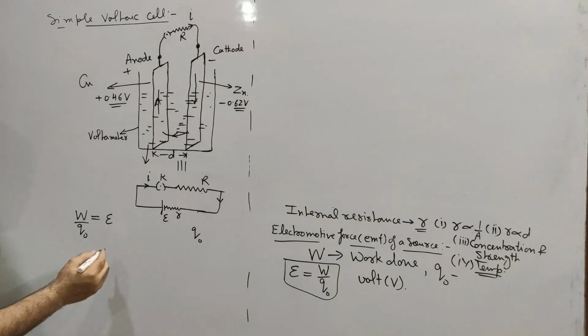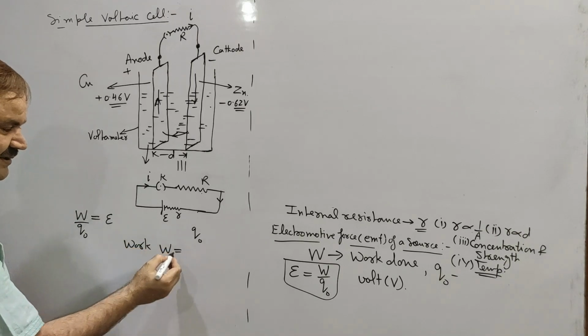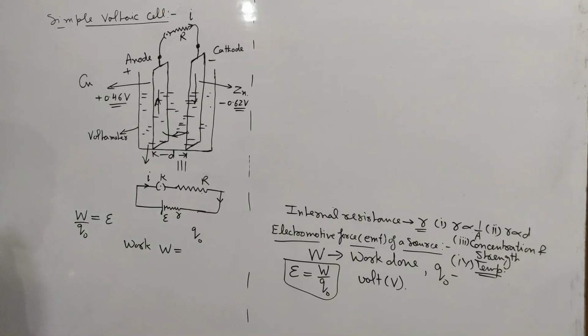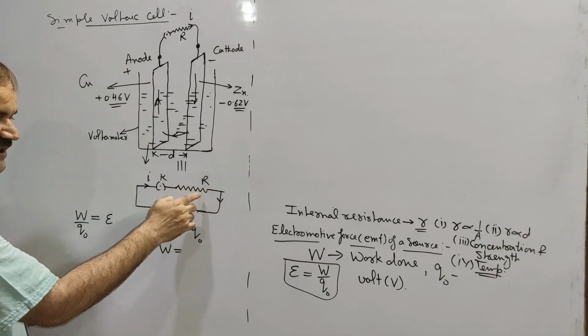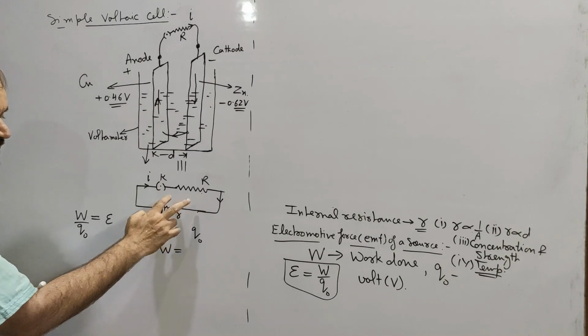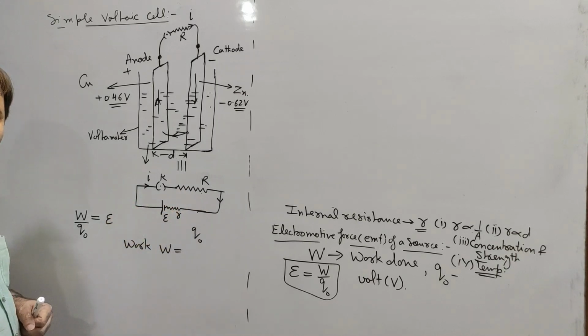But we know that this work W will be done partly across external resistance and partly across internal resistance, because work is force multiplied by displacement, and force will be required wherever there will be opposition, and oppositions to the flow of charge or current are in external circuit as well as in the interior of the cell. So at these two positions the cell will have to do work.